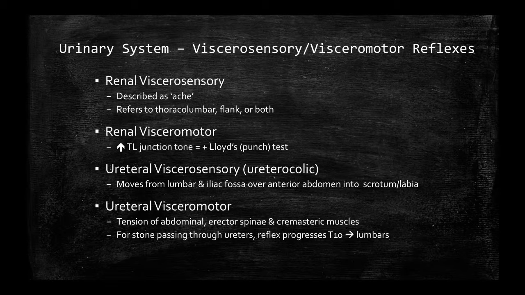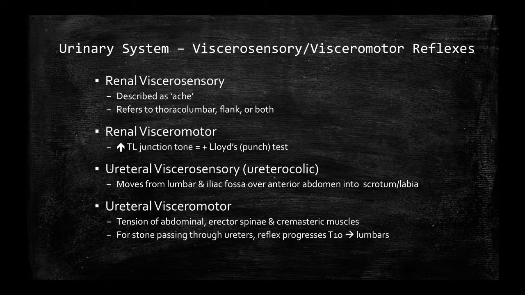For ureteral viscerosensory reflexes, you see more of ureteral colic, which is this pain that moves from the lumbar region and the iliac fossa, coming over the anterior abdomen into the scrotum, and even into the labia. And in the visceromotor aspect from the ureters, tension in the abdominal, erector spinae, and cremasteric muscles occurs, and you see this for a stone that passes through the ureters.